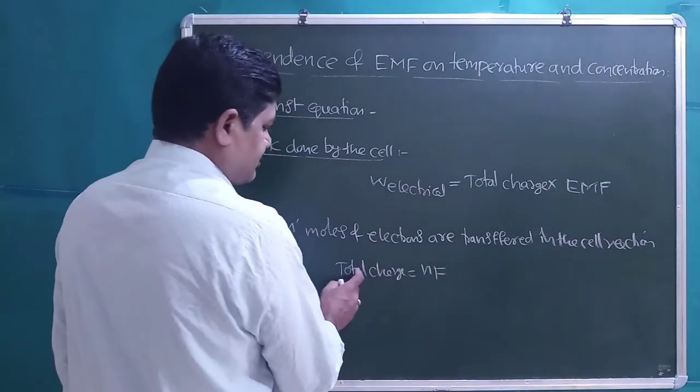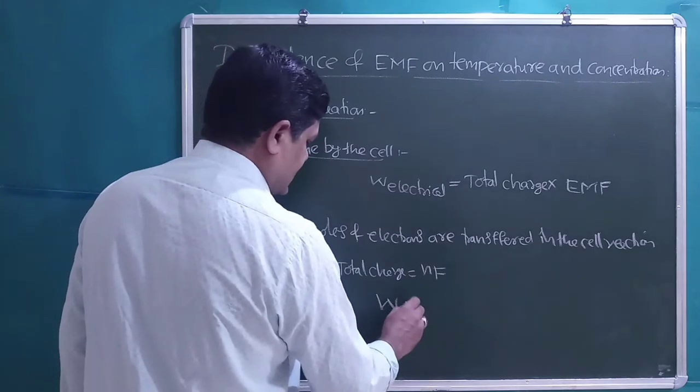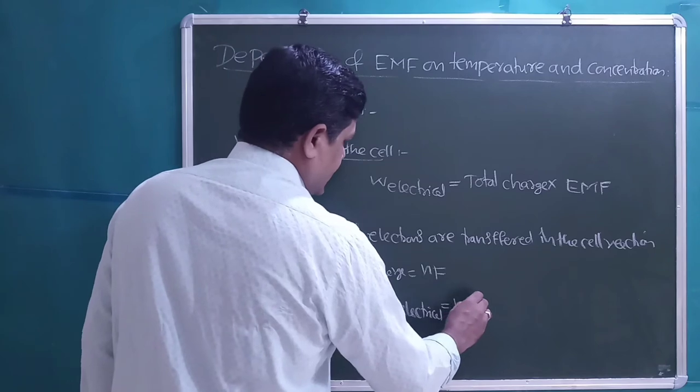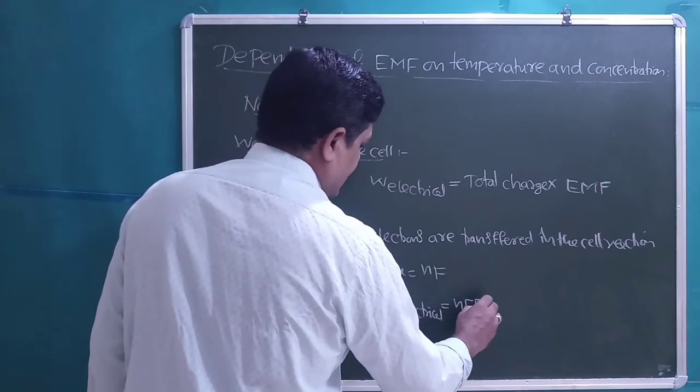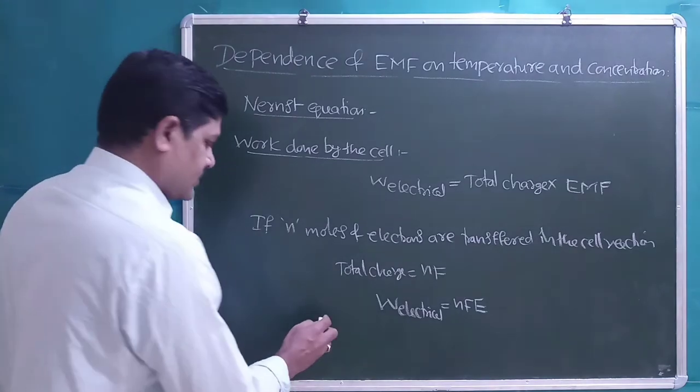So by substituting total charge, W electrical, the work done by the cell, is equal to nF multiplied by E, where E is the electromotive force, EMF of the cell.